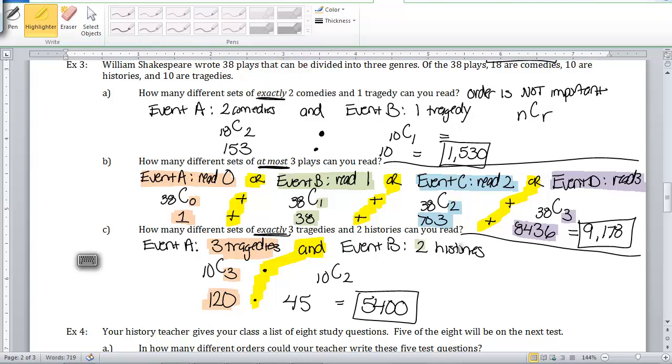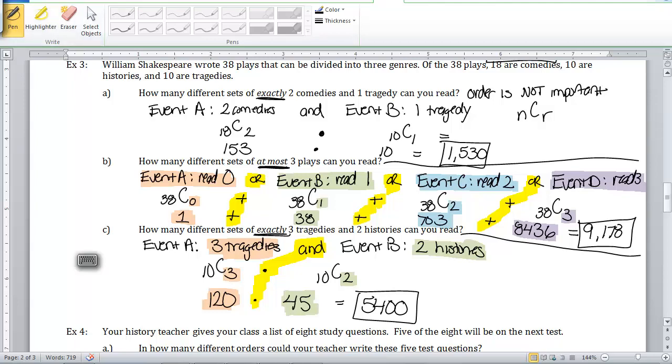For event B, I needed the histories. So from the 10 histories I was told there was, I need 2 of them. You can choose that 45 ways. And so then if you multiply 120 by 45, you get 5,400 different ways to read exactly 3 tragedies and 2 histories.